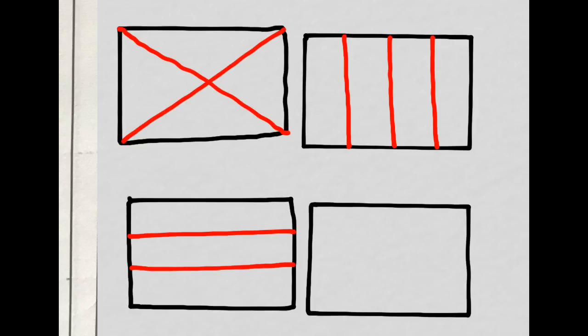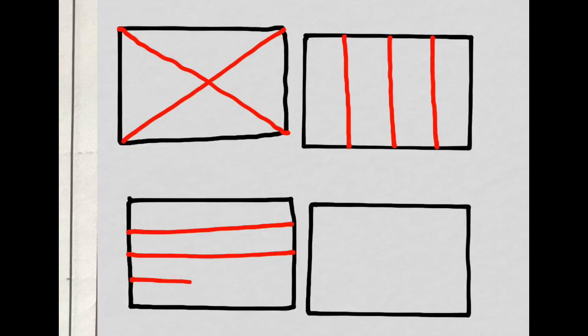And then I can also, you know what? I didn't make that even. Let's go back. I was thinking thirds in my head. I want to do fourths. So let's do that. 1, 2, 3, and 4.